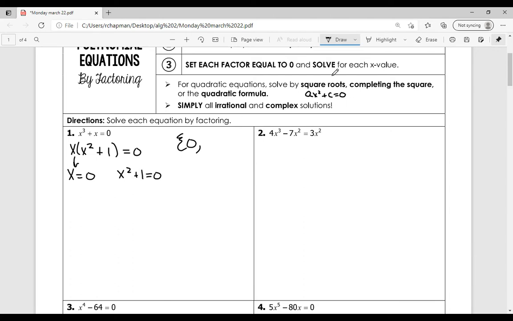But here, I can apply the square root property, which means I'm going to subtract 1 from both sides, and then take the square root of it. Well, that gives me plus or minus i, because if you recall, the square root of -1 is i. Do y'all agree? Okay, so I have an exponent of 3, and I was able to get 3 answers: 0, positive i, and negative i.